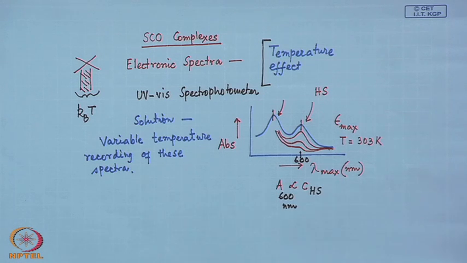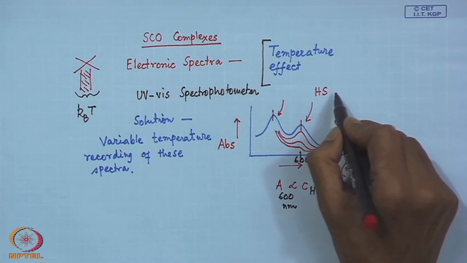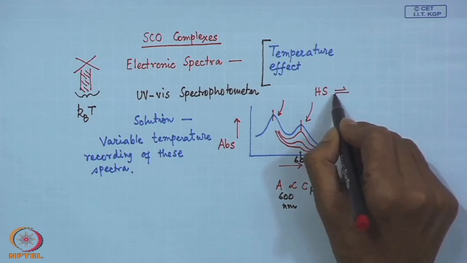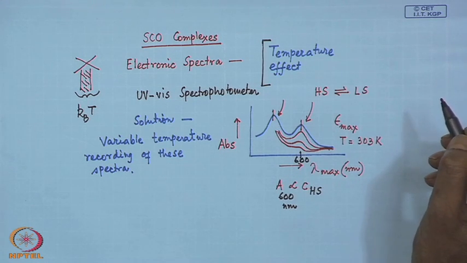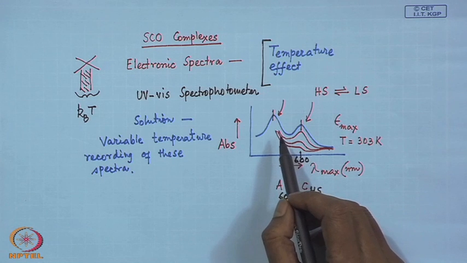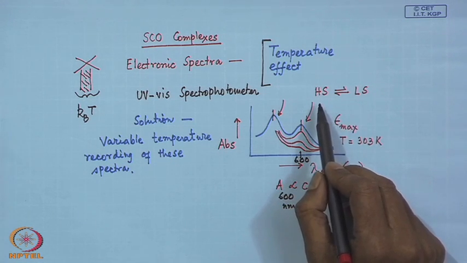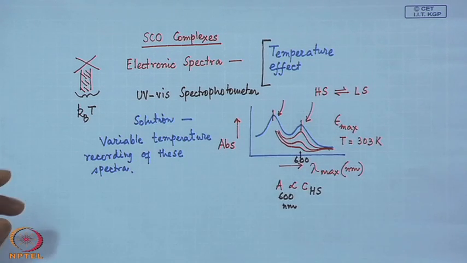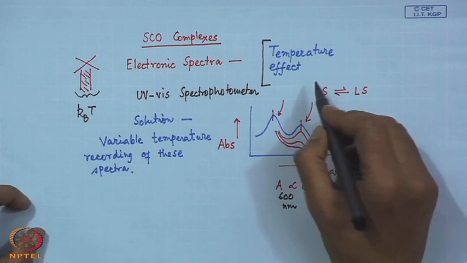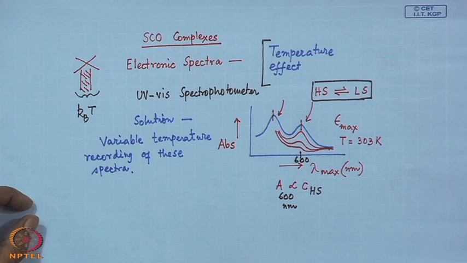When the concentration of high spin is decreasing, since these high spin molecules are in equilibrium with low spin, the low spin concentration is increasing at the expense of the decreasing high spin concentration, because the total concentration of these two spin states is constant at any particular time.